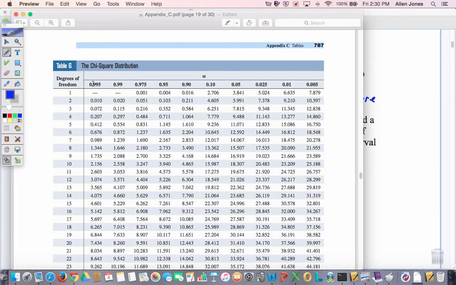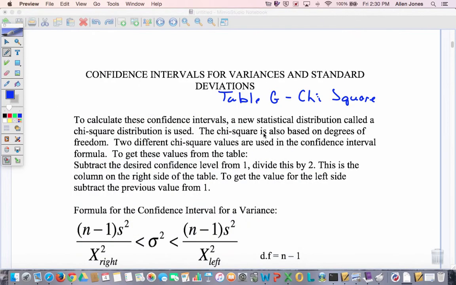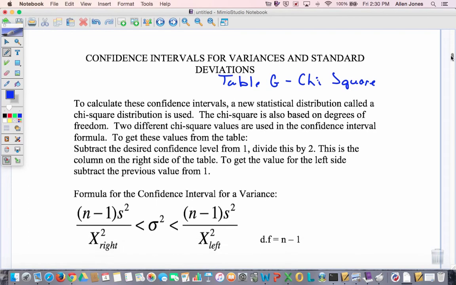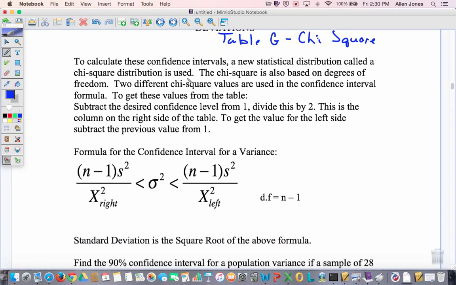Here we do have several columns at the top, basically separated from right here. Our smaller decimals on this side and our larger decimals on this side, which is what we'll look at right now. Those are the alphas, or the area in the tails of the curve. So here we're using two different chi-square values from the table.